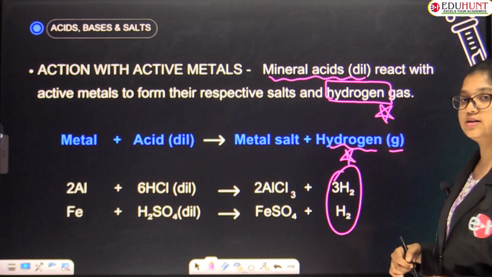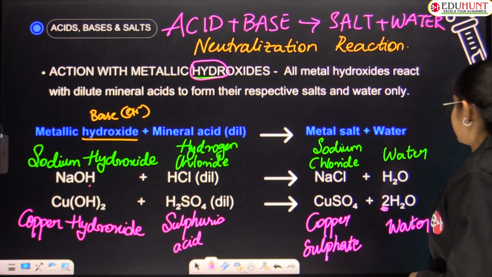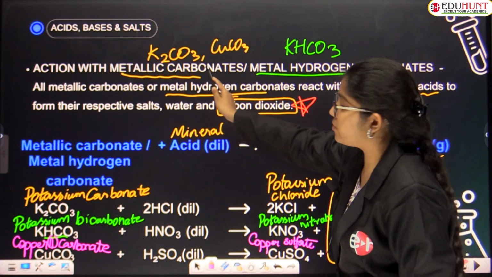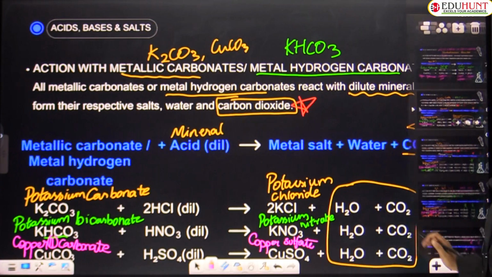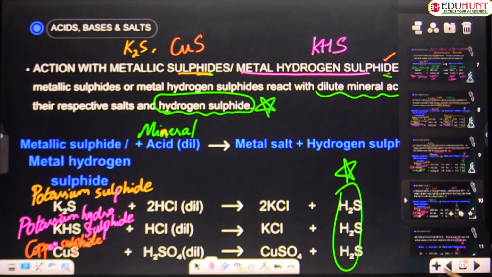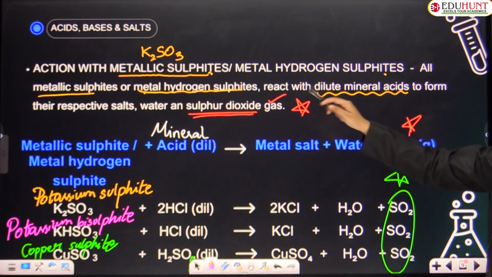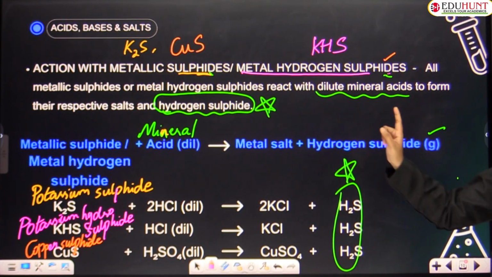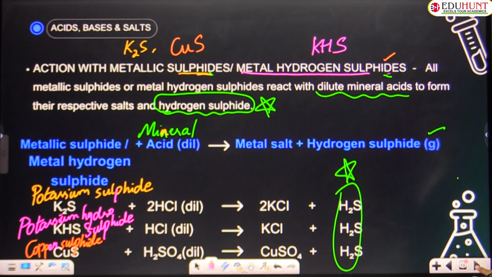Previously, once again for you, here you can see. We have metallic carbonates giving carbon dioxide gas, metallic sulfites giving sulfur dioxide gas, and metallic sulfides giving hydrogen sulfide gas.